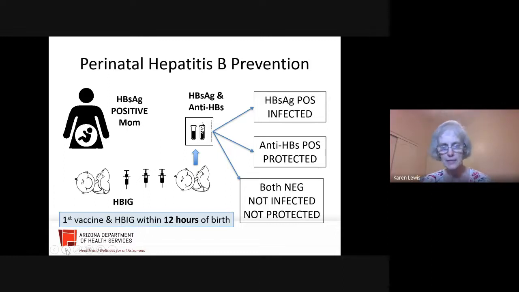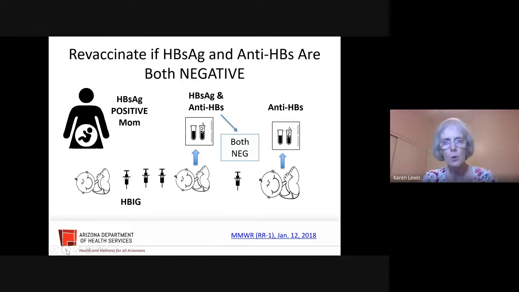And notice, as we're testing with perinatal hepatitis B, we are not looking for anything besides hepatitis B surface antigen and antibody to hepatitis B surface antigen. Every once in a while, a child will turn out negative for both surface antigen and antibody, meaning they're not protected. So the easiest thing to do is just give 1 more dose and check.